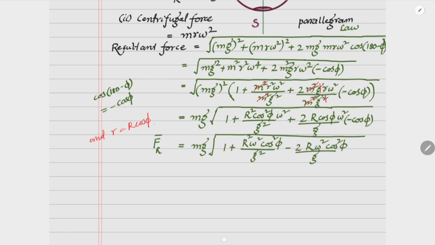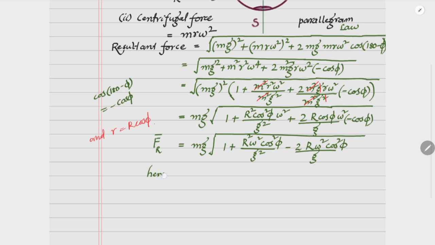Now the term r square omega power 4 cos square phi by g square is very much less than 1, so we can neglect that one for convenience.